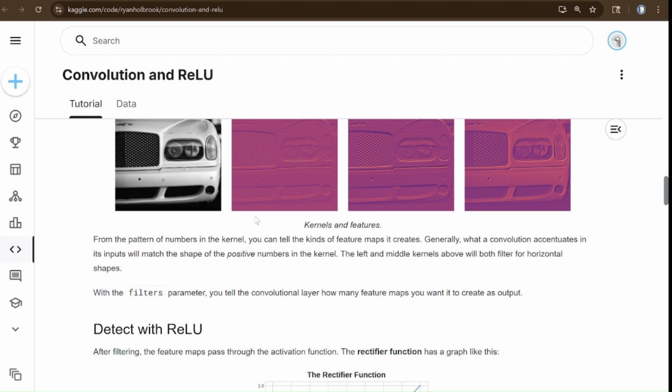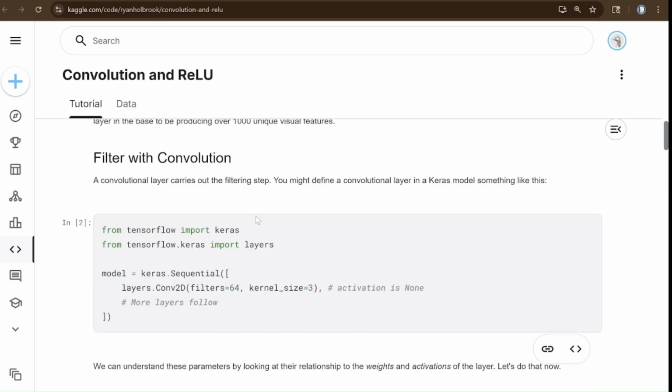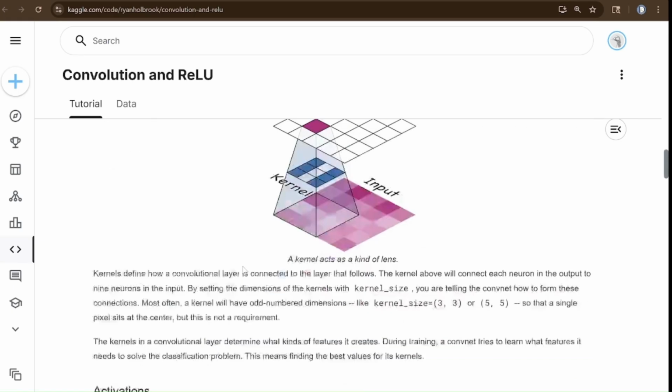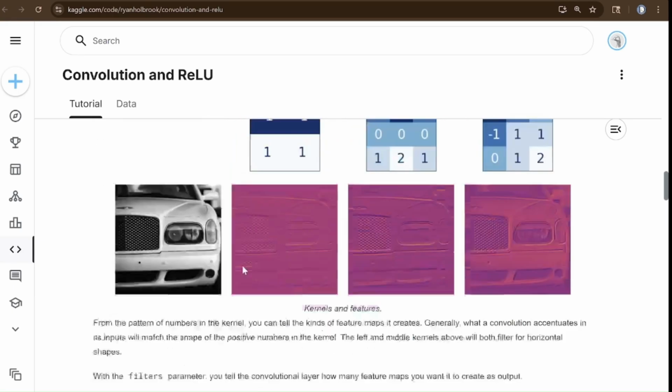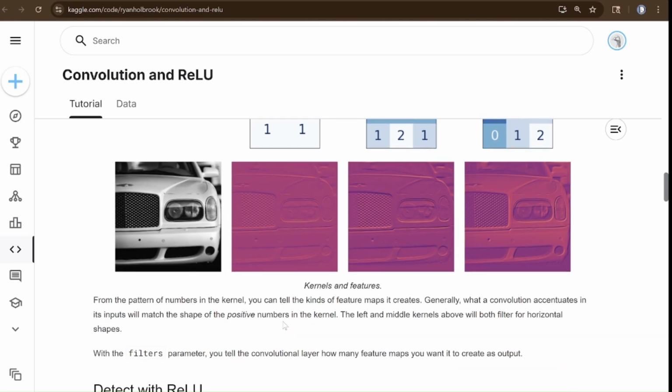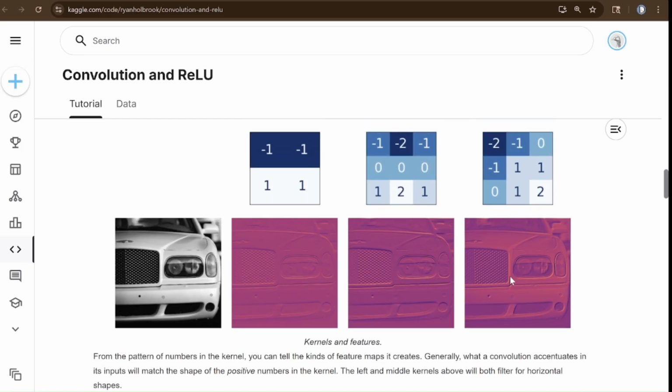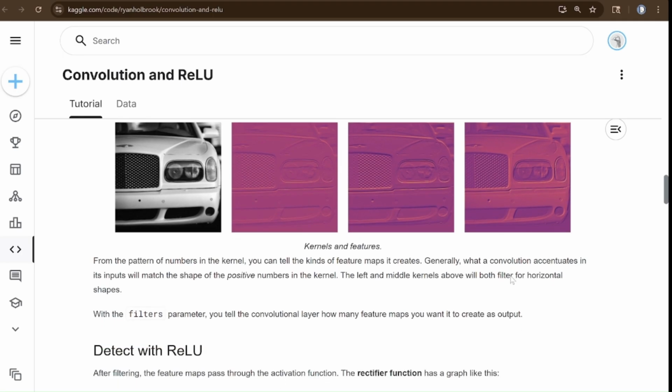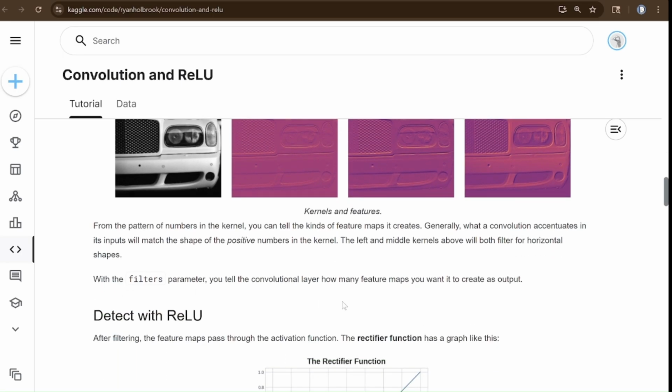I told you that we have given filters equal to 64. That means you are getting 64 feature maps. Clear? So you are doing filtering using 64 filters and you are getting 64 feature maps. Clear? With the filters parameter you can tell.